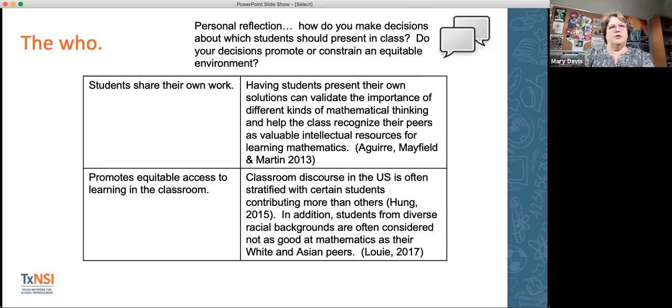And do your decisions promote or constrain an equitable environment? Are you helping our kids of color believe that they can do mathematics and they are mathematicians? And if not, what are you going to do?